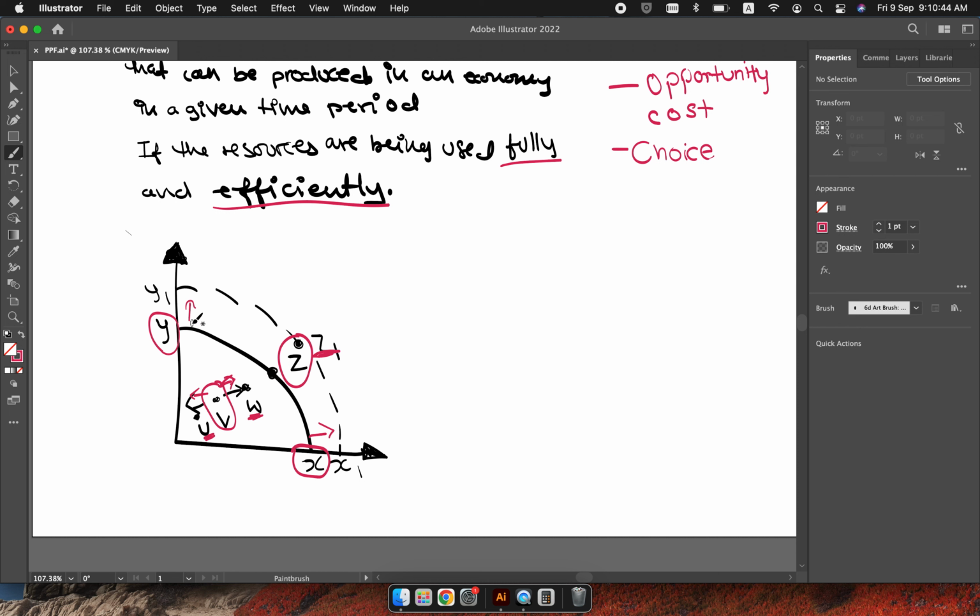But if resources were to increase and the state of technology were to improve, we would then have point Z1 as the new production possibility curve and the new potential output. And then we would write our new variables for the goods as X1 and Y1.